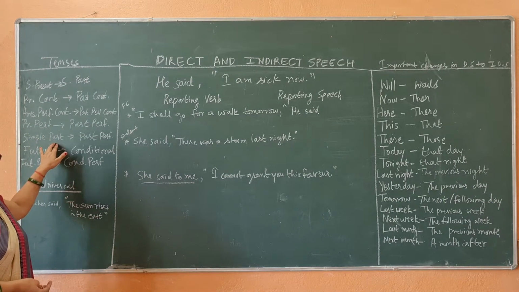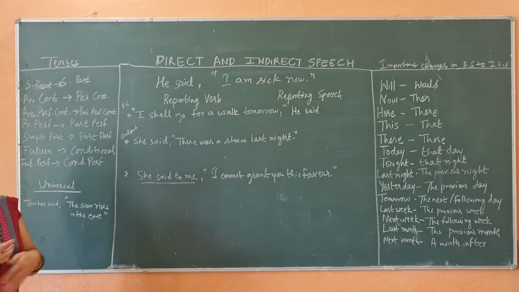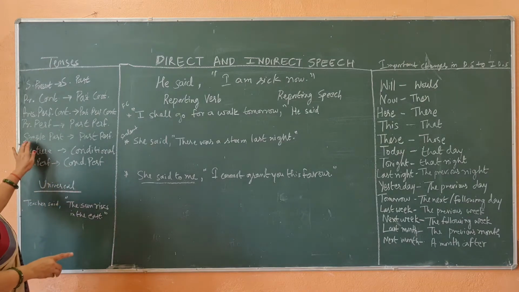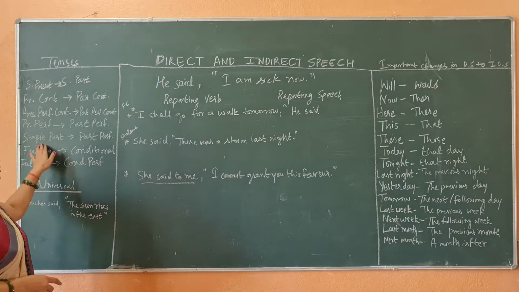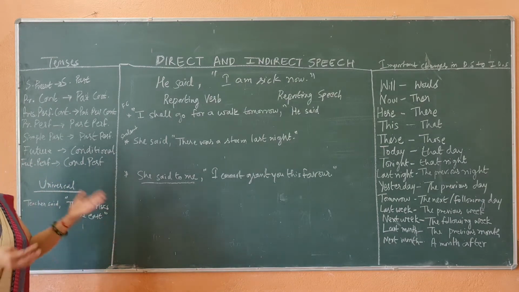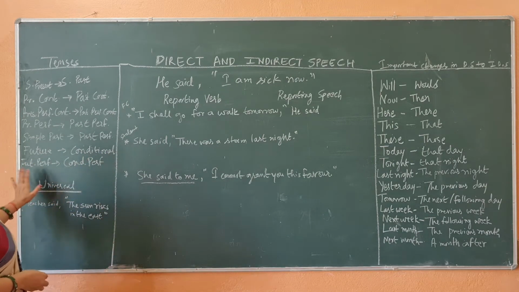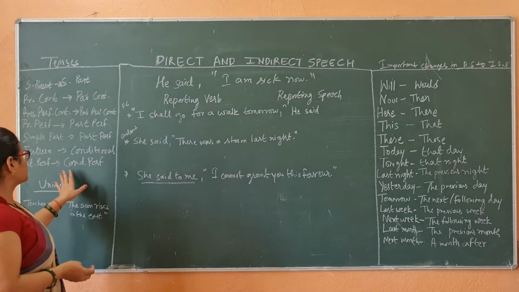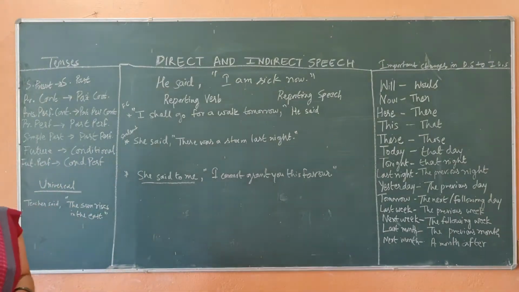Simple past: now, you will not jump onto future. No. If there is a simple past tense, you will change it to past perfect tense. Now, if it is a future, then it would be a conditional. And if it is a future perfect, then it should be a conditional perfect tense.